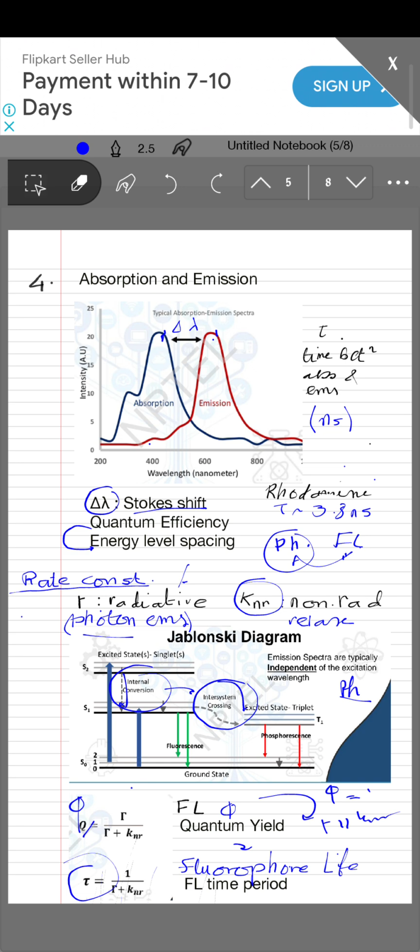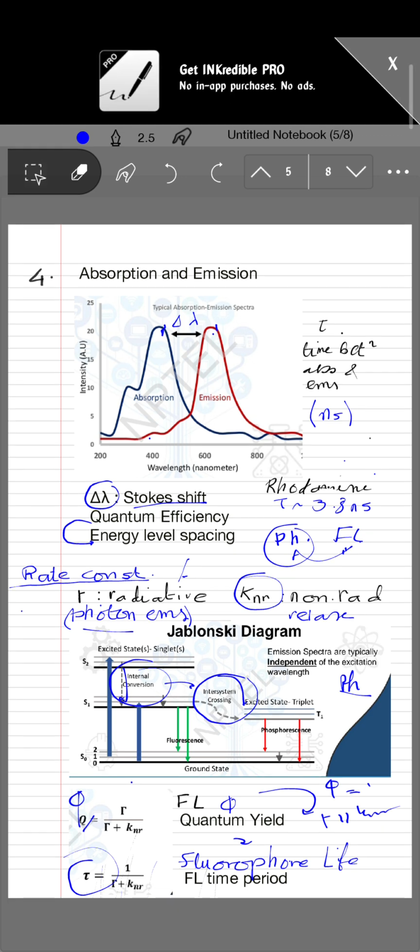And also, the time between absorption and emission is in the range of nanoseconds, and different fluorophores or light emitting materials will have different types of lifetimes. Like in the case of rhodamine, the fluorophore lifetime is 3.8 nanoseconds.